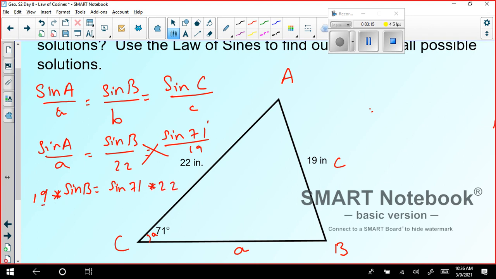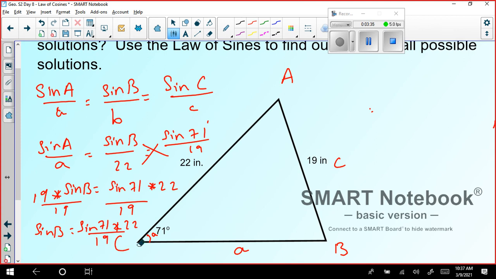Further divide by 19. So you'll have sine B equals sine 71 times 22 over 90.